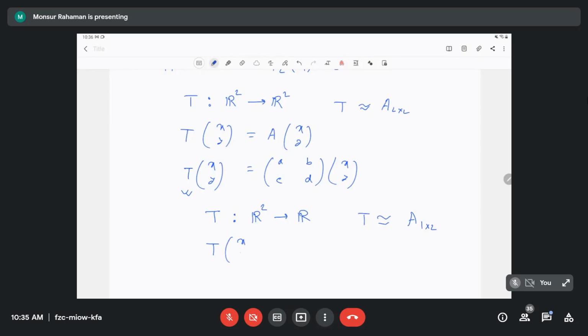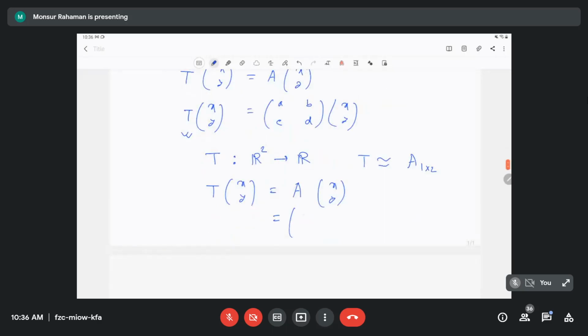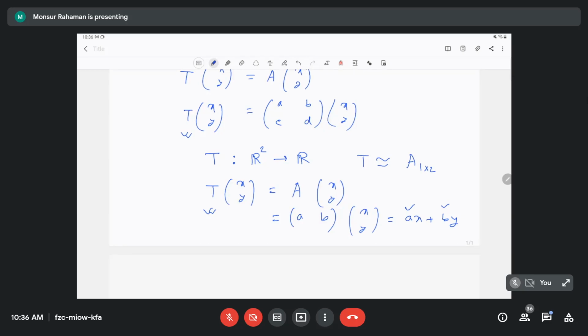So T will eat x, y and give A B times x, y. We can write it as ax plus by. So to find the linear transformation, all you need to know are these two scalars. If you can find these two scalars, you know the linear transformation.